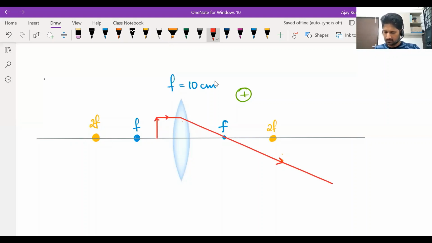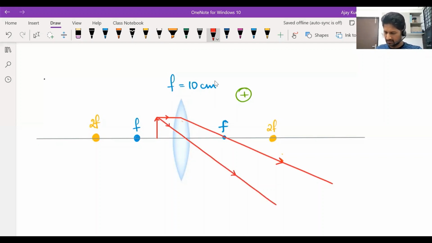Another ray through the optical center passes without any deviation. These two clearly will not intersect after refraction. They are diverging, so they won't intersect after refraction.